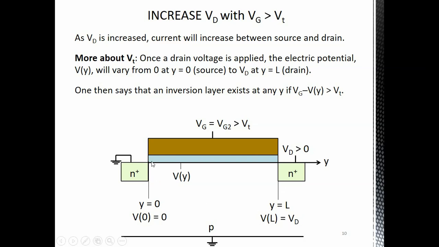This is only due to the drain voltage. There is another electrostatic potential due to the gate voltage which I am ignoring here. I am simplifying this drastically. Alright, but so with this we have a Vy that varies from 0 to Vd, from source to drain.